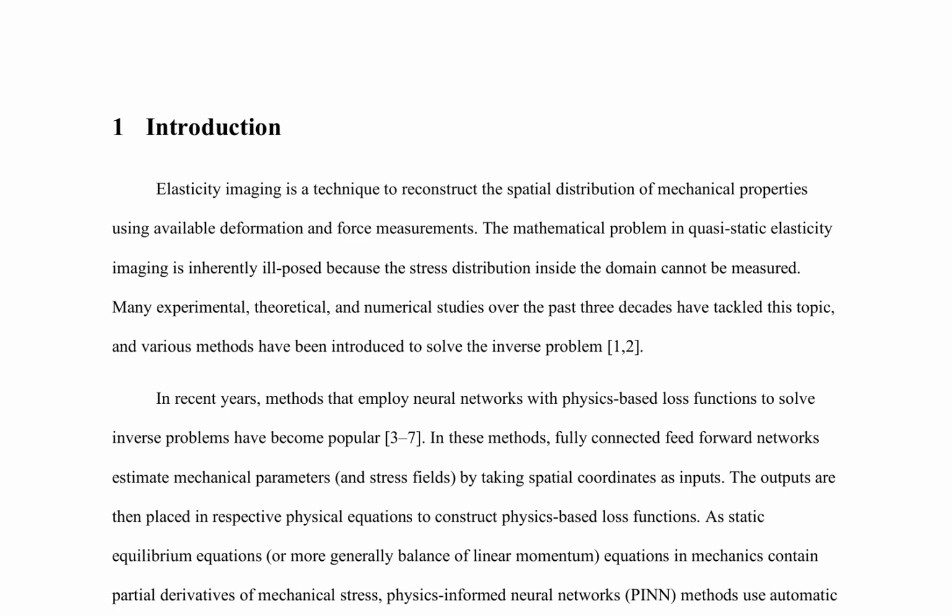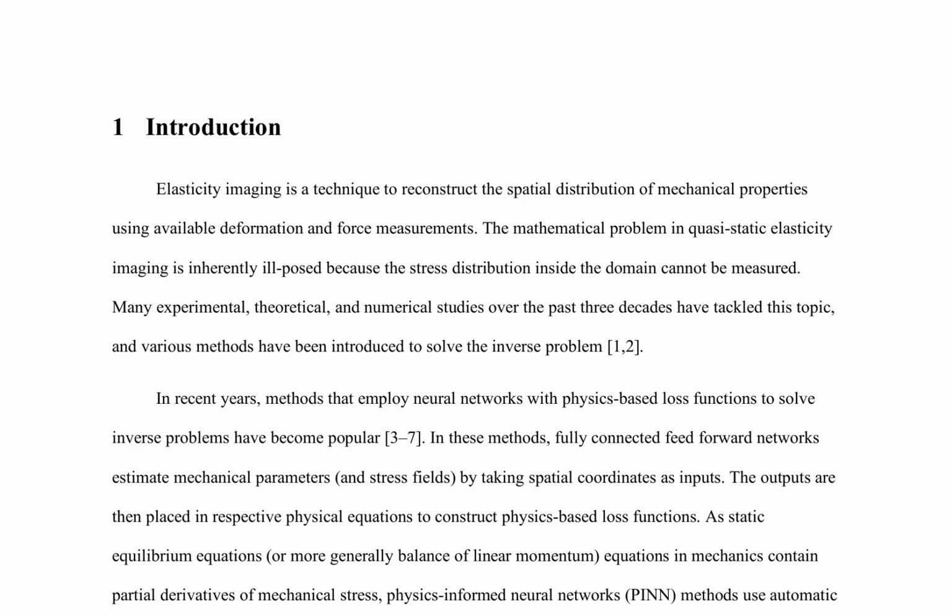Elasticity imaging is a technique used to reconstruct the spatial distribution of mechanical properties from available deformation and force measurements. However, this problem is inherently ill-posed due to the inability to measure the stress distribution inside the domain. Various methods have been introduced to solve the inverse problem, including the use of neural networks with physics-based loss functions.